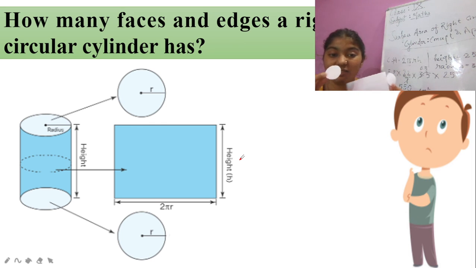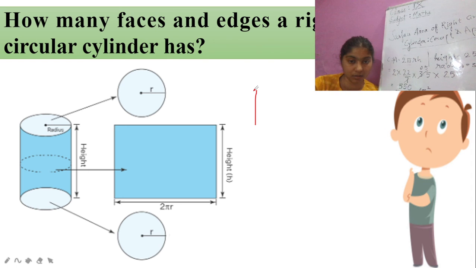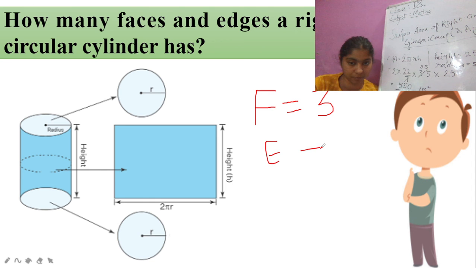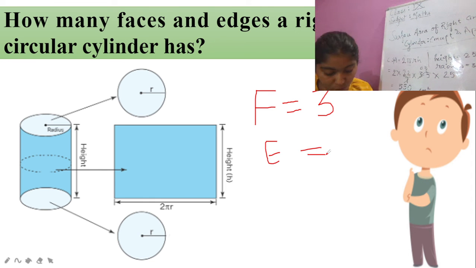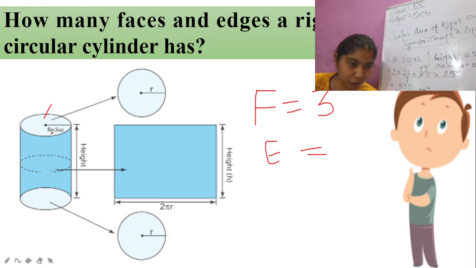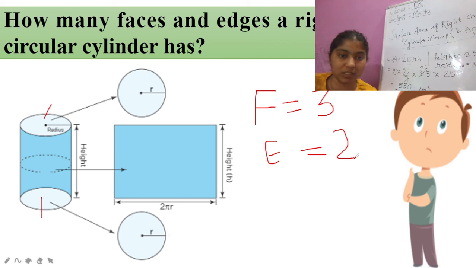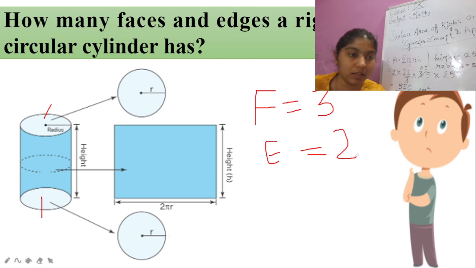So these are the 3 faces required. And edges, if we convert into the cylindrical form, we have only 2 edges, right? At the top, first point and the second point, so we have 2 edges. So these are the few faces and edges of a circular cylinder.